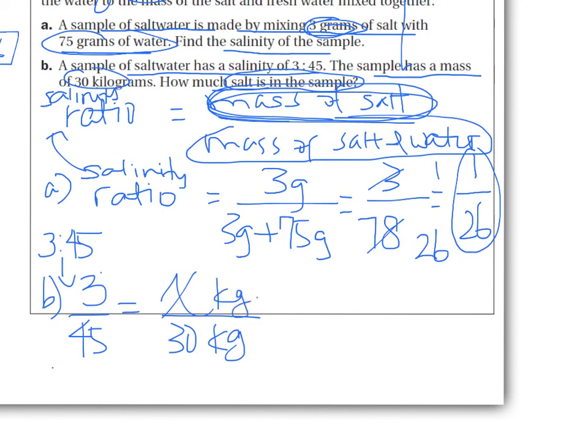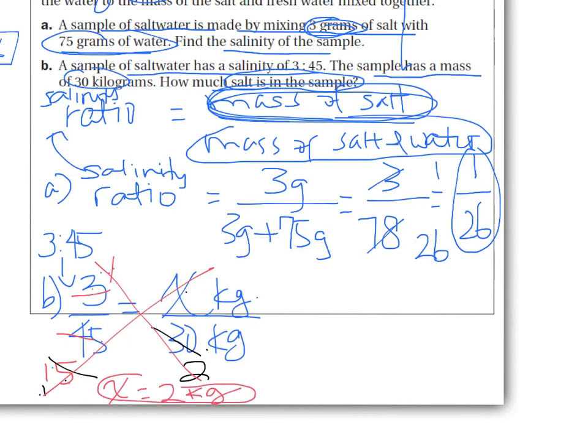After simplifying 3 and 45, I get 1 to 15, and I can simplify 15 with 30. Now I can cross multiply. 1 times x is x, and then 1 times 2 is 2. So your final answer is just 2 kilograms of salt, and that's it.